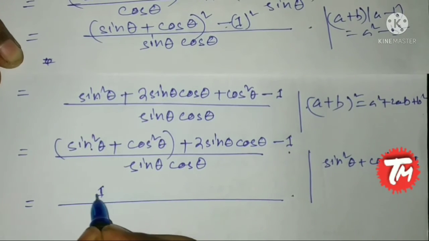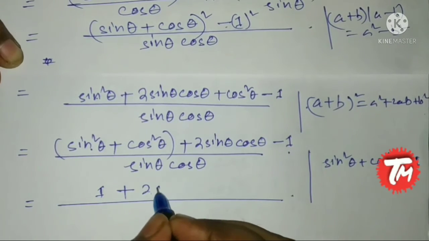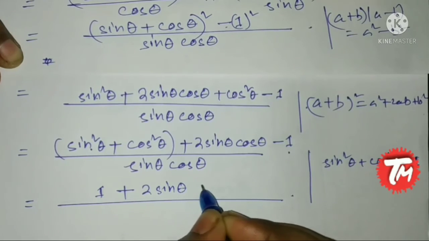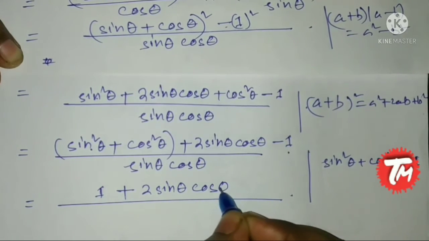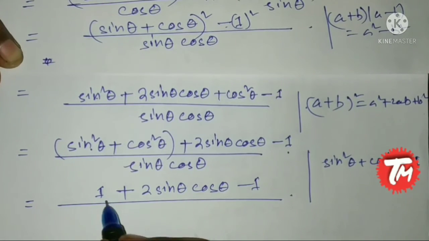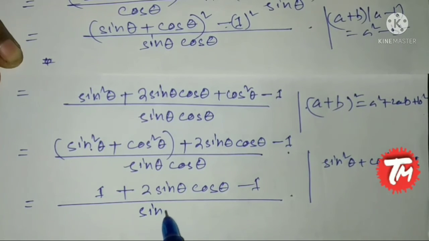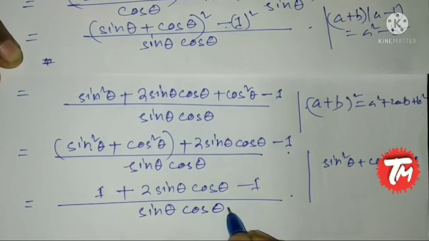So here we write 1 plus twice sin theta cos theta minus 1, divided by sin theta cos theta.